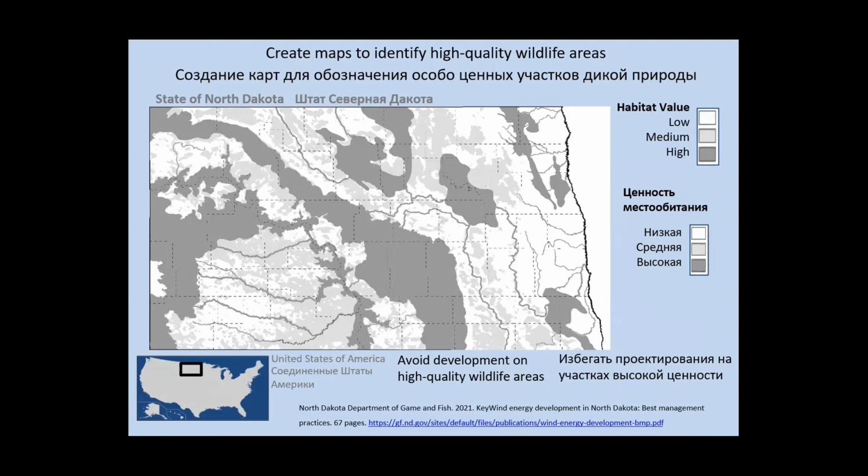Many resource agencies then put together all of this information, the land cover, the habitat, and information on species abundances and distributions to identify key areas. One example of this is shown here for the state of North Dakota in the United States of America. This is a slide from Alicia Mueller's lecture, which was the first lecture in this lecture series.